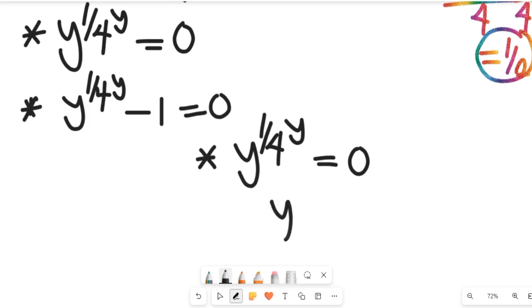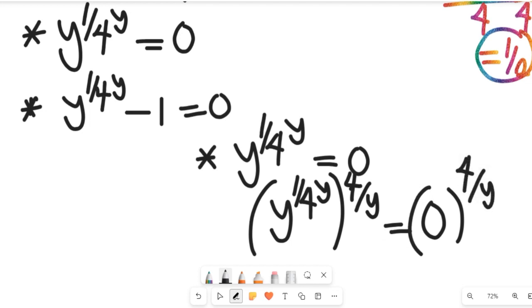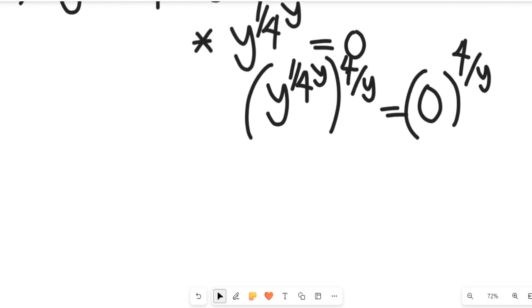So we'll have y to the power of 1 divided by 4 multiplied by y, and all of these will be multiplied by 4 divided by y, and this will be equal to 0 multiplied by 4 divided by y, because what you do to the right hand side, you must equally do to the left hand side.